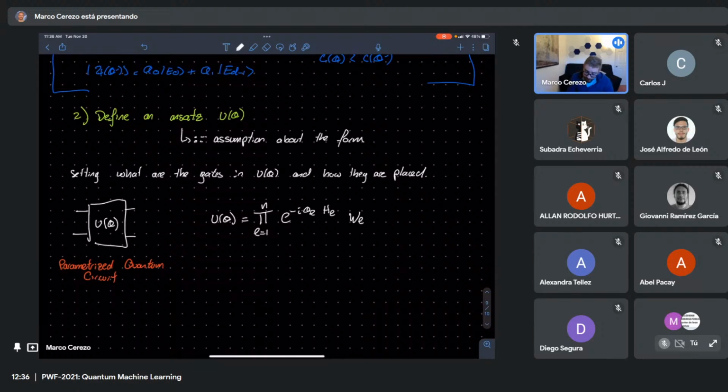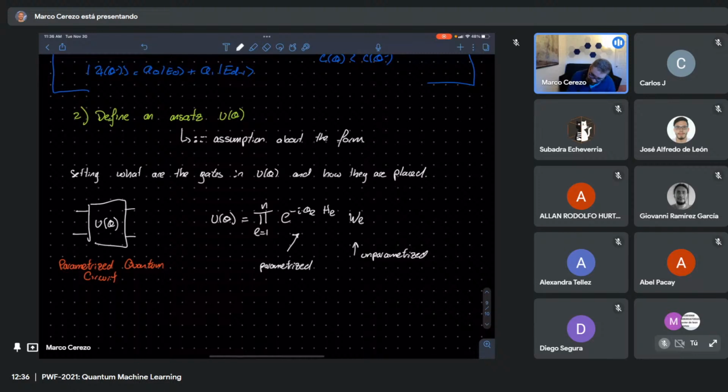So we're always going to have a product. That means that it's just going to be a sequence of unparameterized quantum gates, like CNOTs that have no parameters, and parameterized quantum gates.